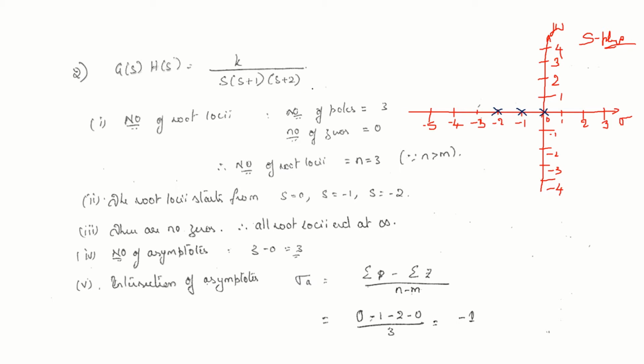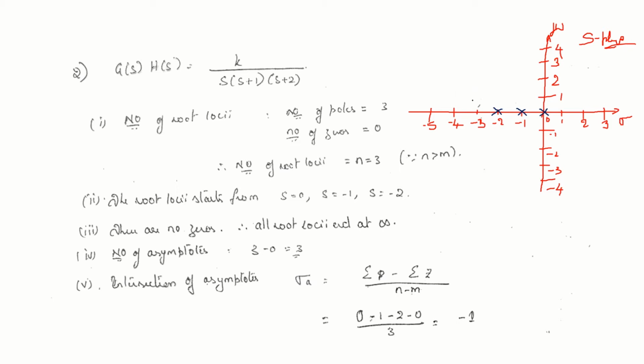Fine. So the root loci start from the respective poles, and all should end at infinity, because there are no finite zeros. So let us draw the portion of root locus.